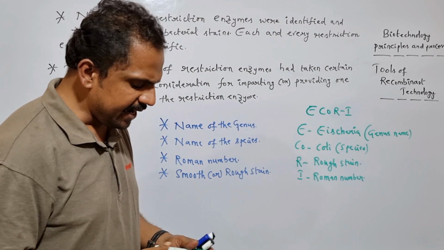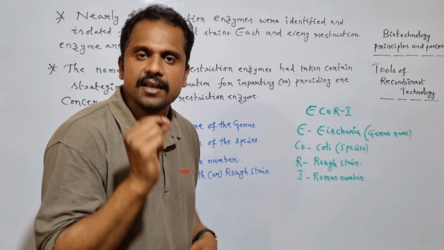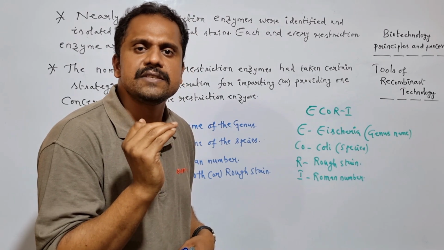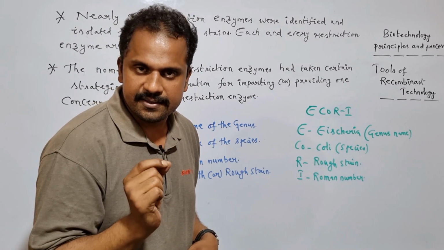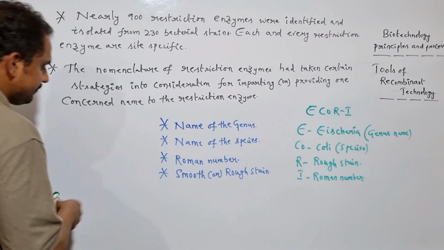Is it clear? And here basically restriction enzymes are capable of cleaving nucleic acids. So the reason why restriction enzymes belong to a specific class termed nucleases. Is it clear? So let me write it here.